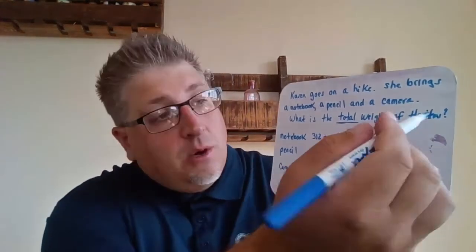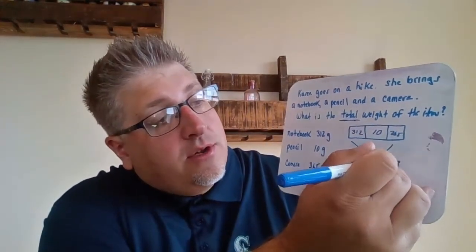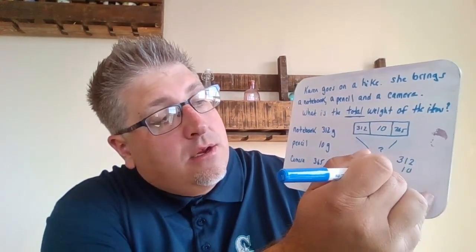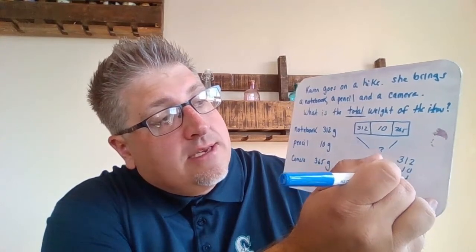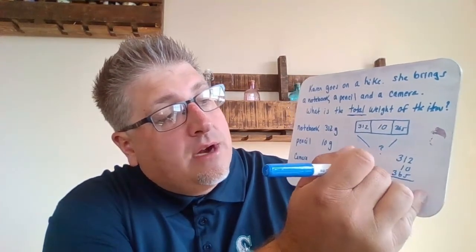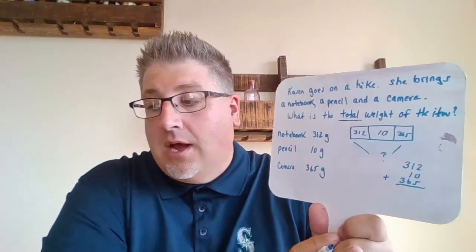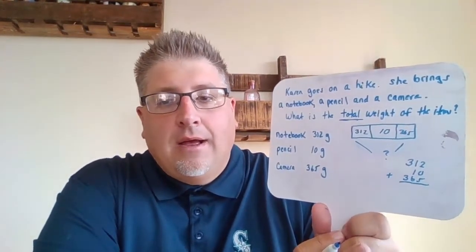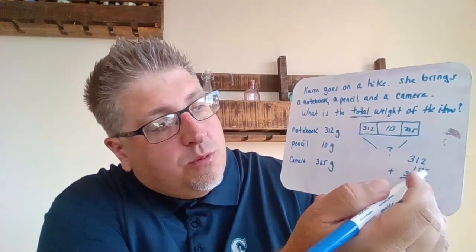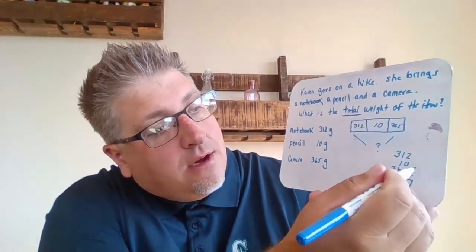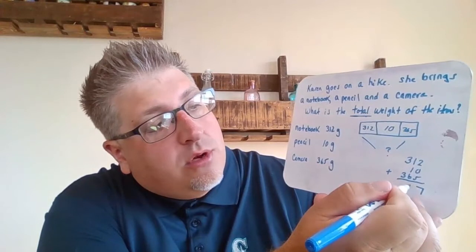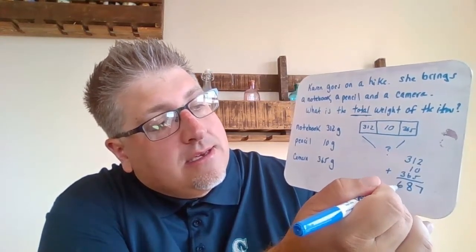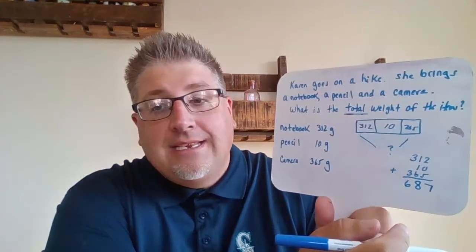So basically, we're just going to go 312 plus 10 plus 365. And we're going to add all of those up. Addition strategies vary. I'm just going to go from top to bottom here. 2 plus 5 equals 7. 1 plus 1 is 2, and 2 plus 6 is 8, and 3 plus 3 is 6. 687.